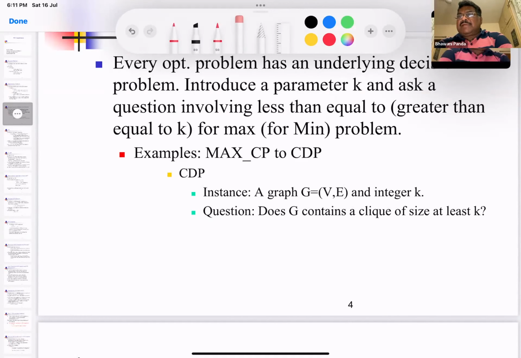Since you are going to maximize, this will be for max, and this will be for min.